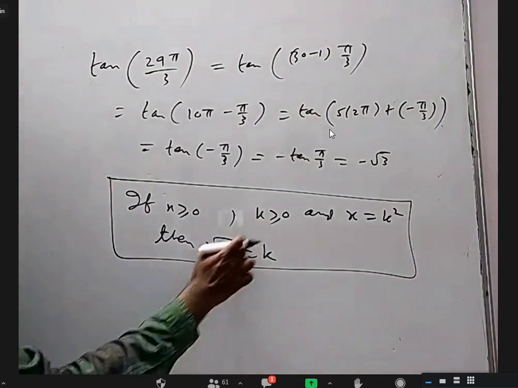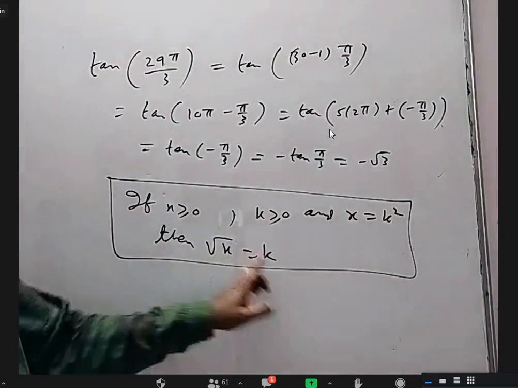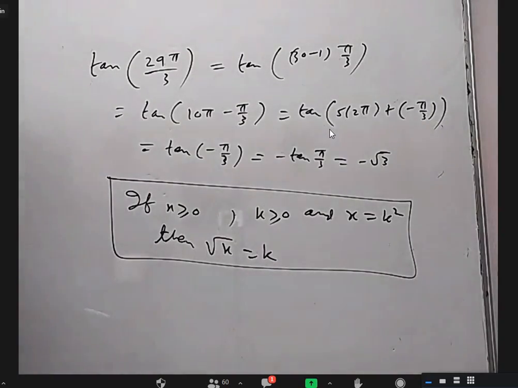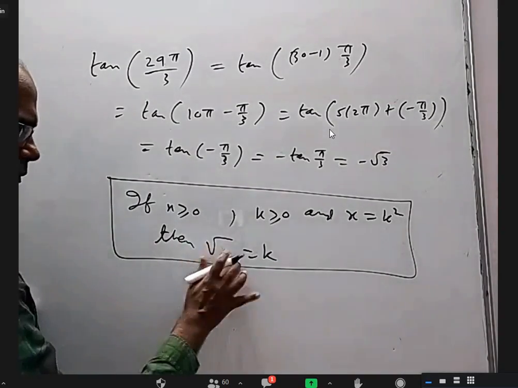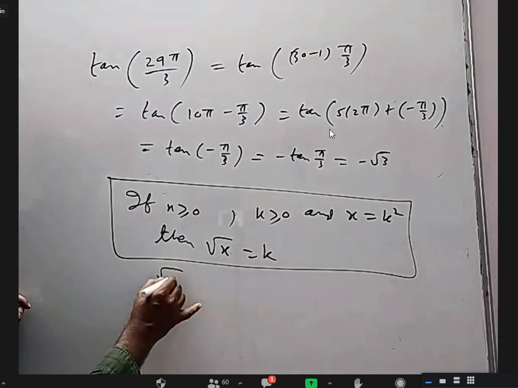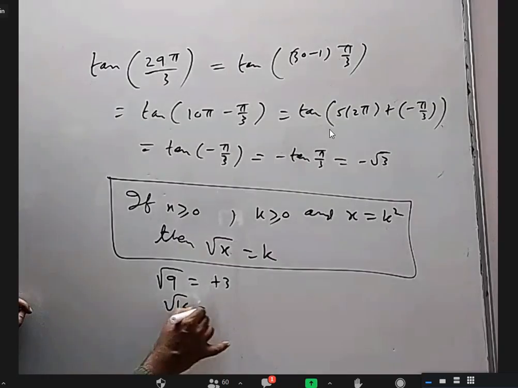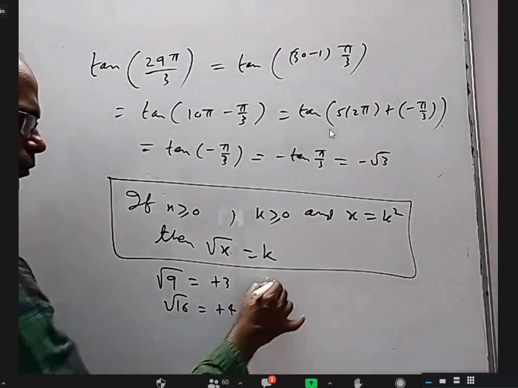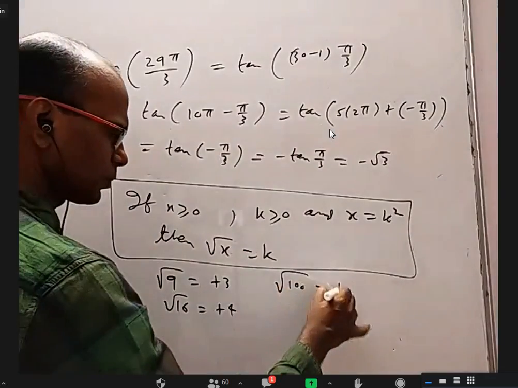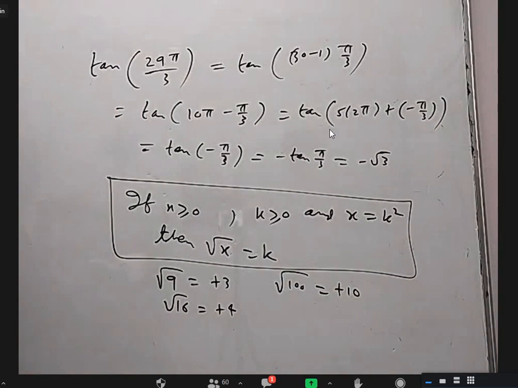So root x we are only going to take positive or 0. We are not going to take negative. Root 9 is plus 3 only. If you want root 16, it is plus 4 only. If you want root 100, it is plus 10 only. Minus 10 we are not going to take.